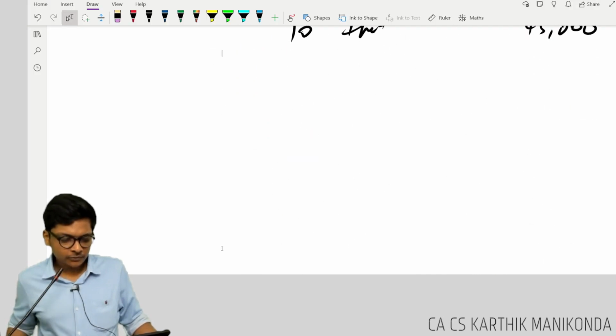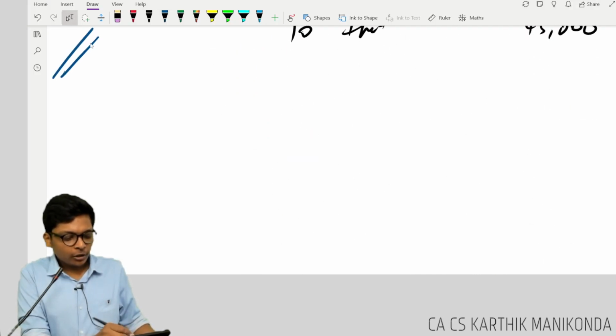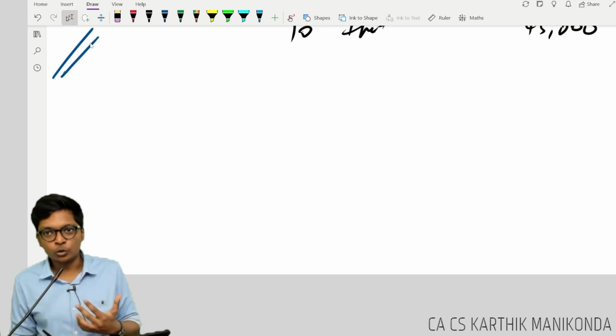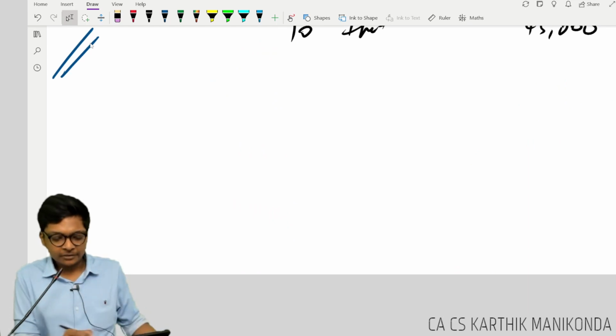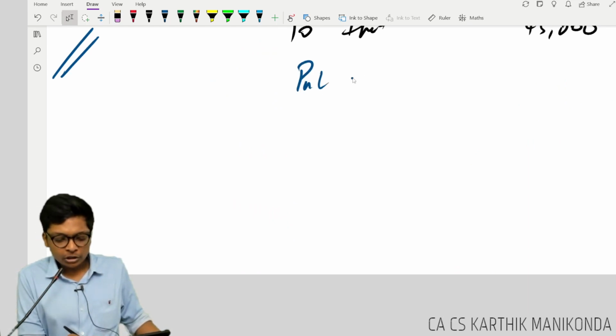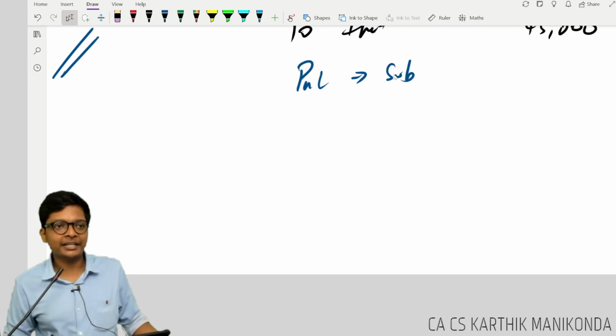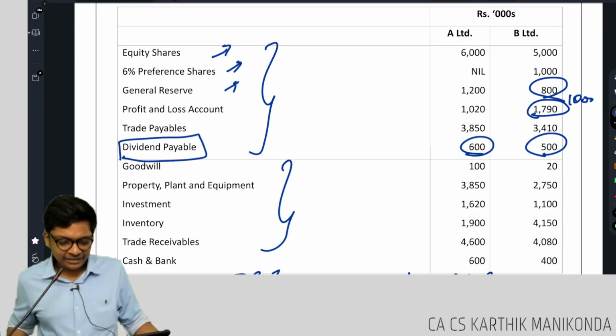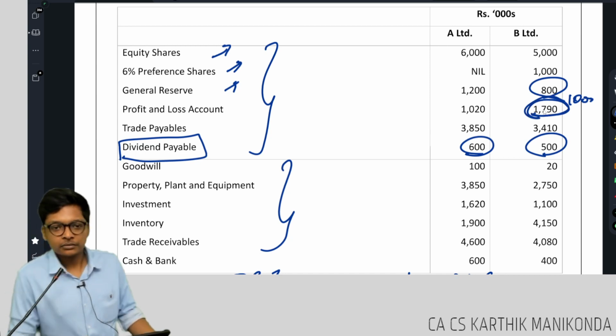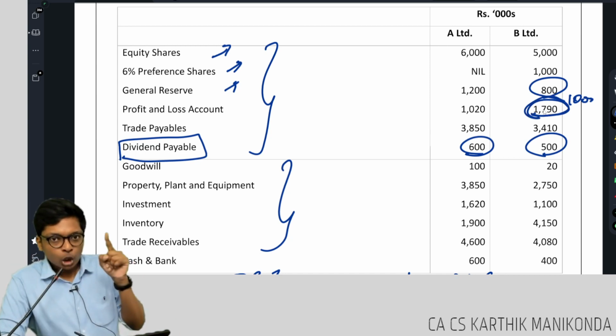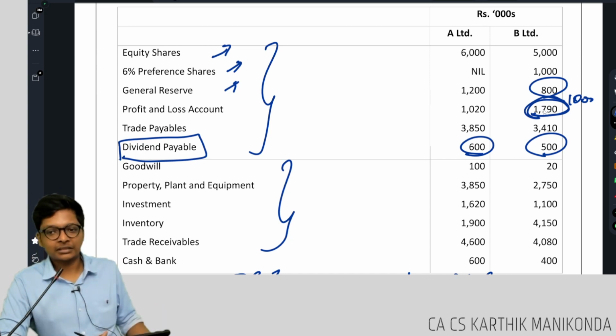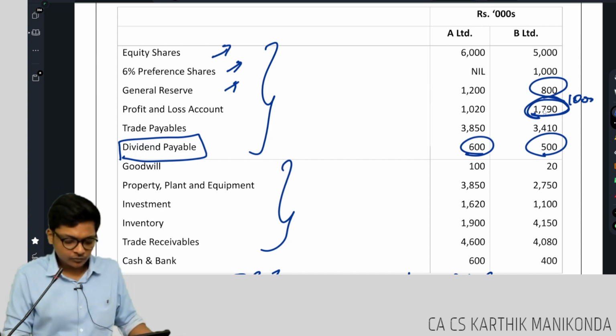Next, from step 3 onwards, I will help you out, but I need you to participate, be with me. Profit and loss account of subsidiary as given in the question is 1790, my closing balance. Correct? It's the closing balance.